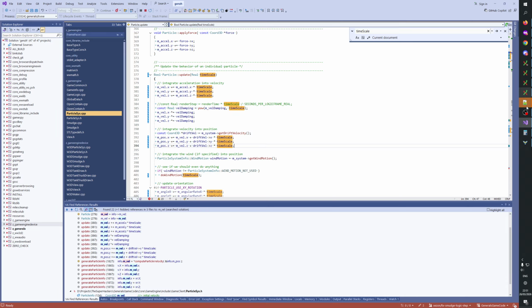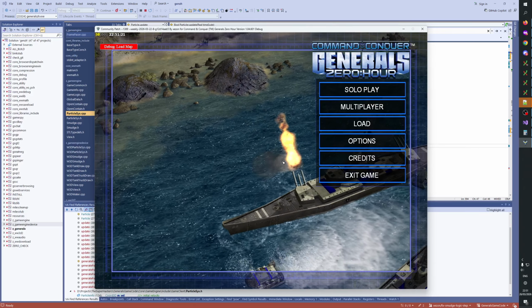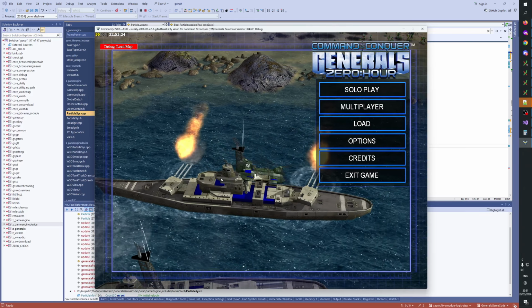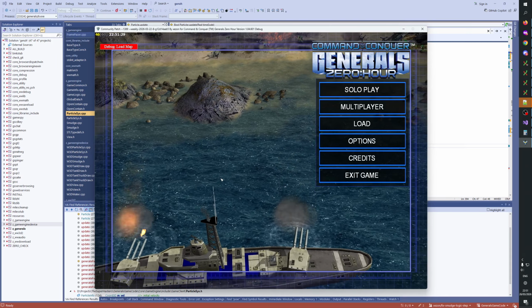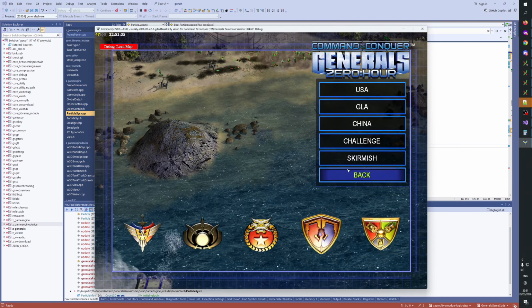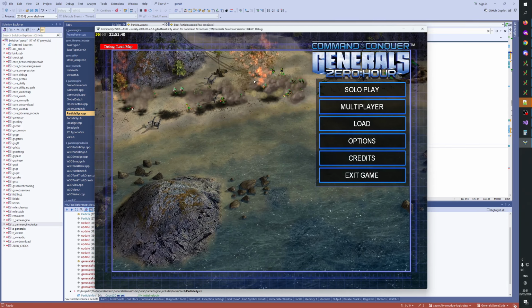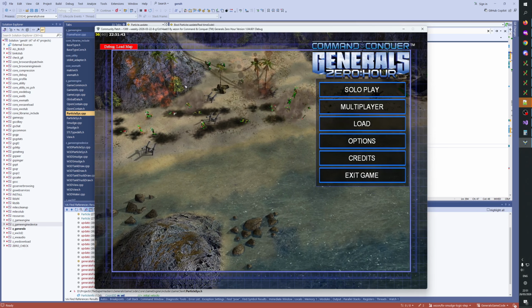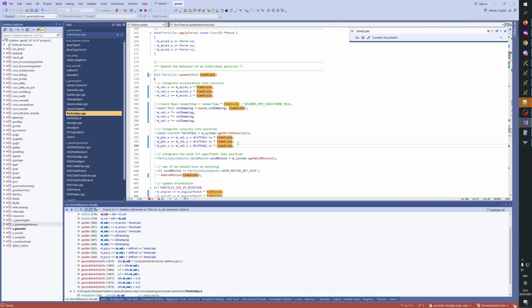Let's think about this. I mean, it looks close, right? So like the speed, it looks like the... let me open a game. Actually, they are too big. They are definitely too big. Like they're gigantic. Okay. So it's like something about the size, the growth, something about the velocity.